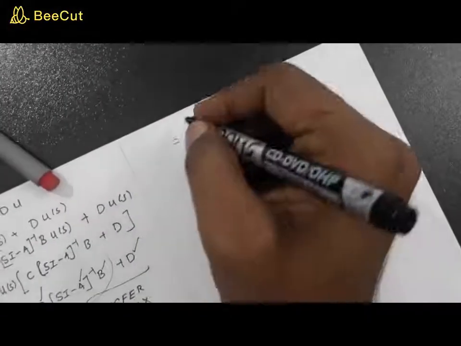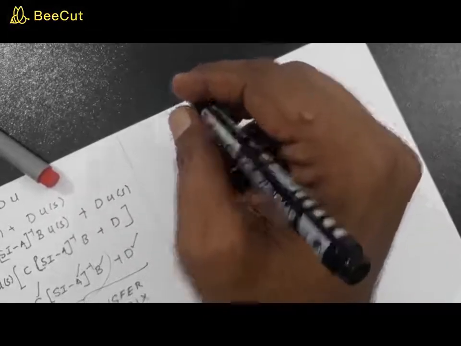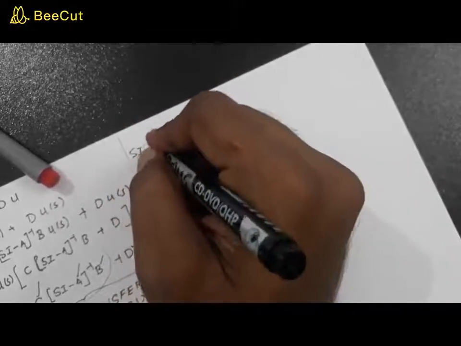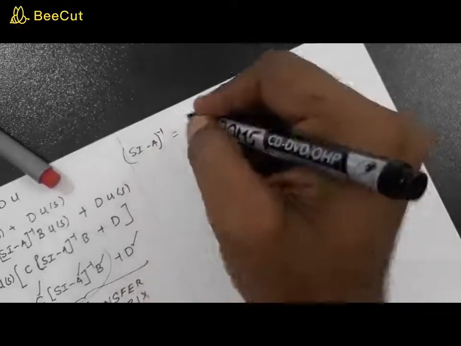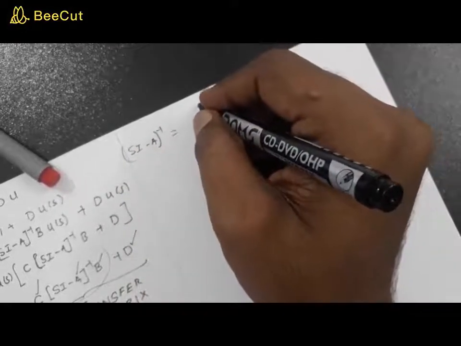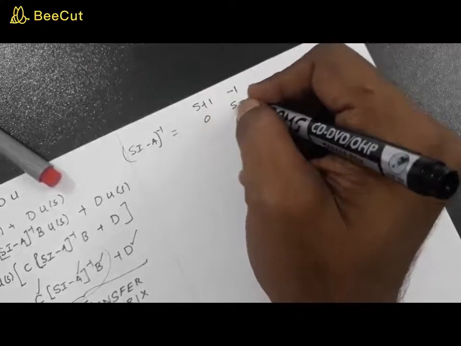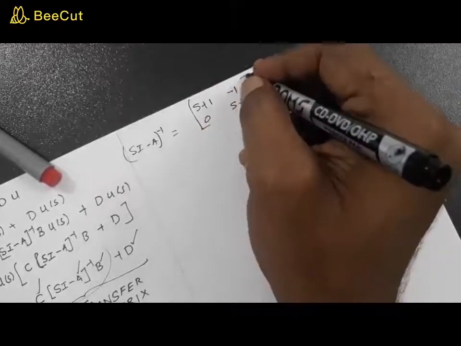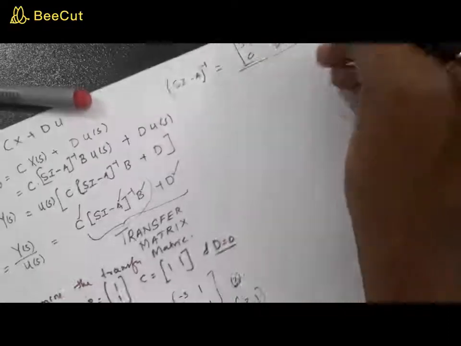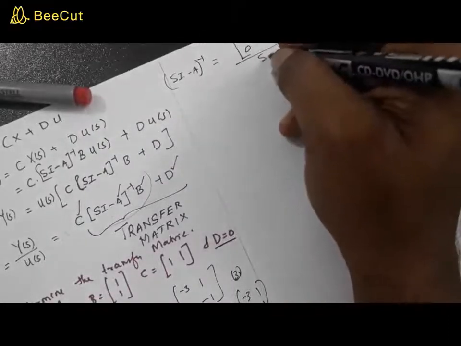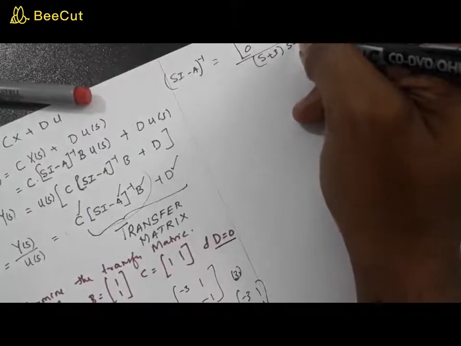So (sI - A)^-1 is nothing but the transpose, [s+1, -1; 0, s+3], divided by the whole (s+3)(s+1).